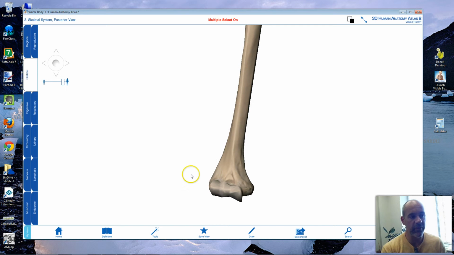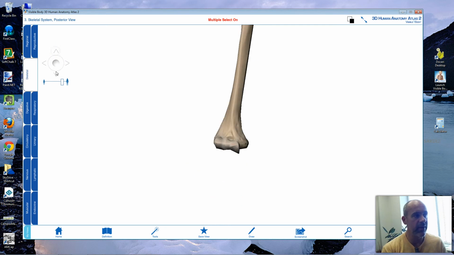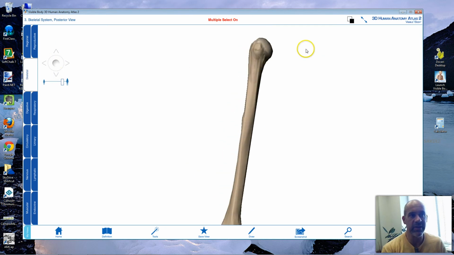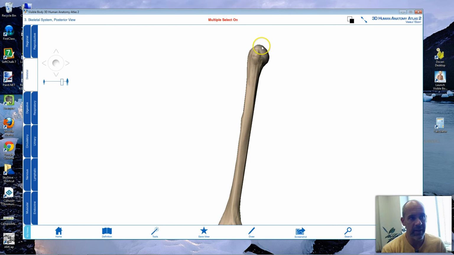So if you saw this bone just sitting by itself, based on how those features are positioned, you would know that this was a right humerus and not one from the left-hand side, because that ball is going to be facing toward the scapula to form that right shoulder joint there.